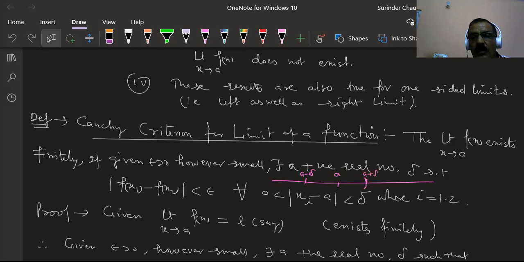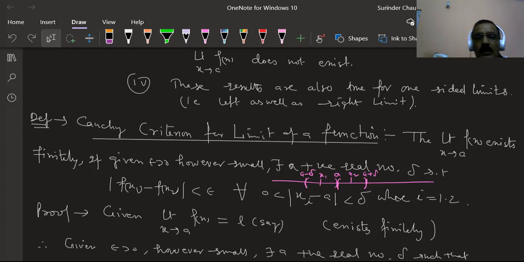If you take x1 and x2, so 0 is less than modulus of x1 minus a less than delta, and similarly for x2, it means Cauchy has taken two points from the deleted neighborhood. Both can be taken from one side, or one from each side.